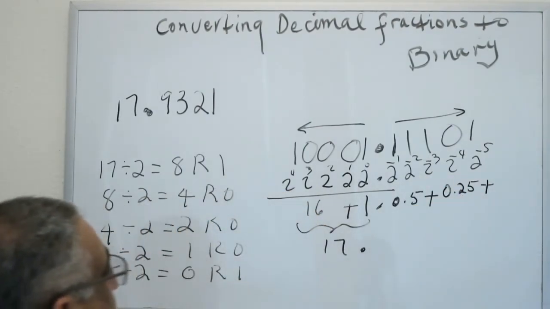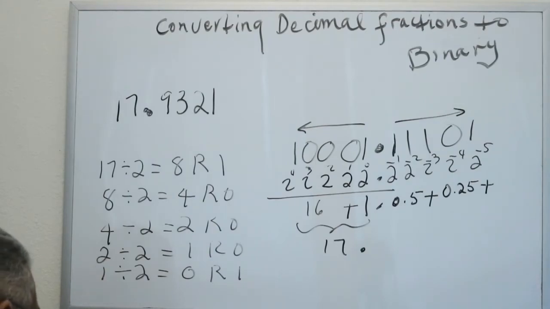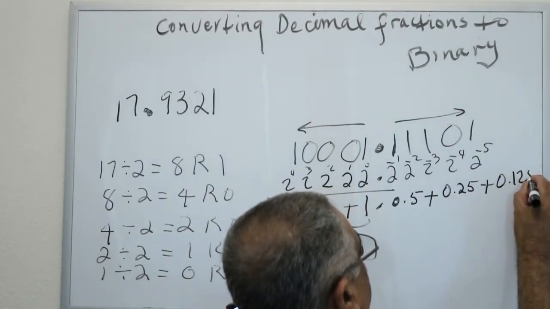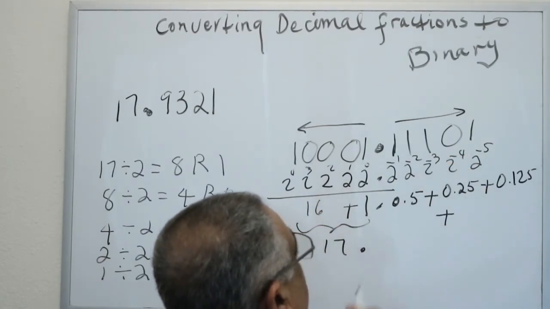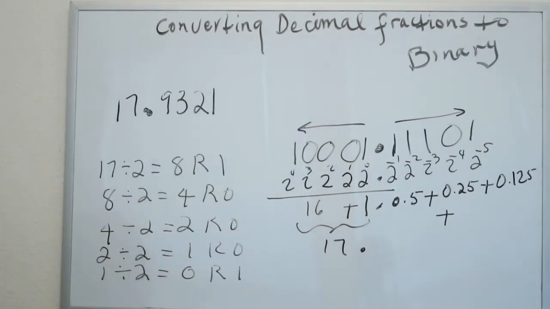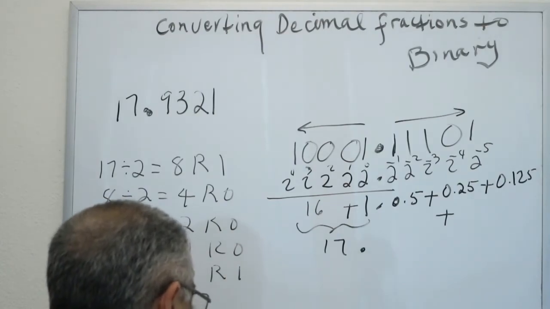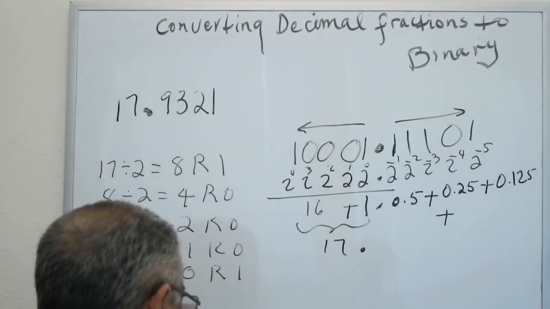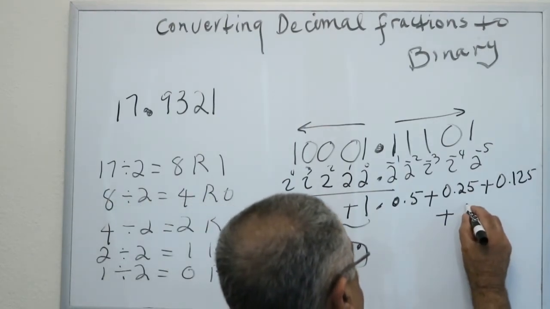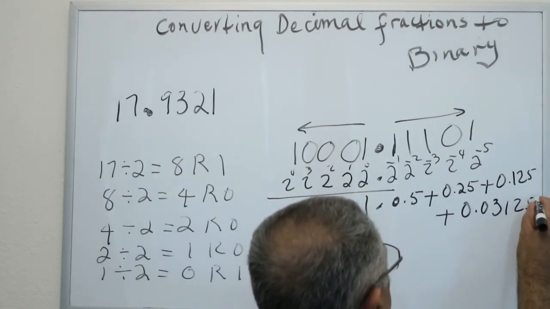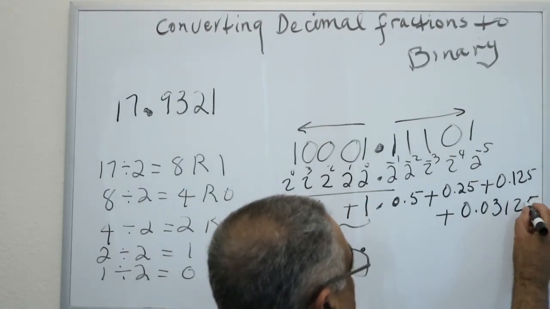Now, 2 to the negative 3 is 1 over 8, which gives me 0.125. Then 2 to the negative 4 is 1 over 16, so forget that. 2 to the negative 5 is 1 over 32, so that gives me 0.03125. So these are my decimal digits.